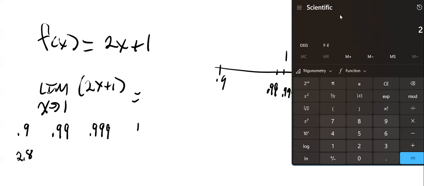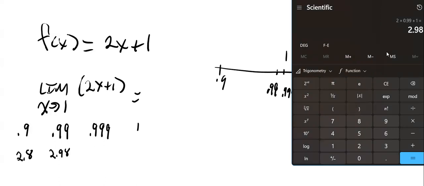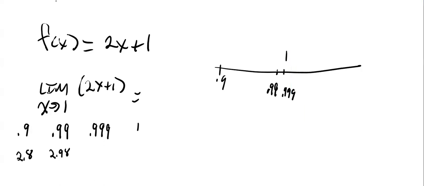So 2 times 0.99 plus 1 is 2.98. And I'm going to do the same thing for 0.999. So 2 times 0.999 plus 1 is 2.998.